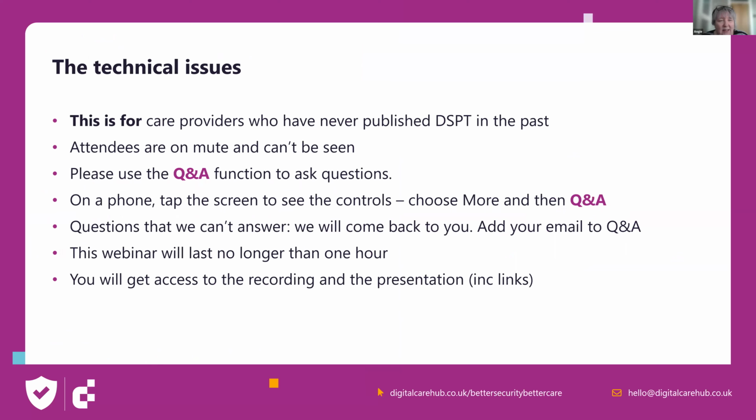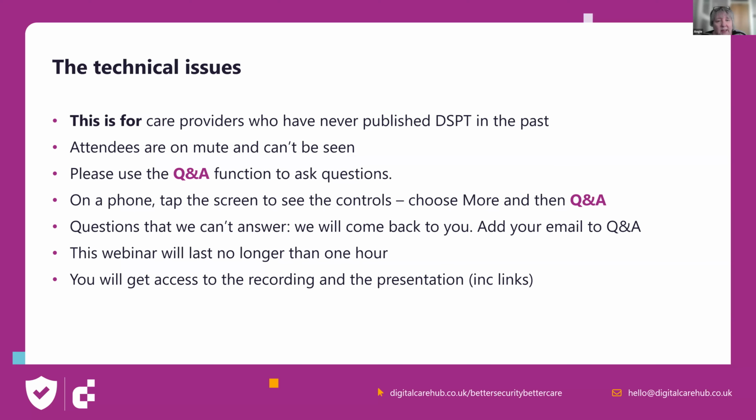Okay, so just some technical issues. This is for care providers who've never published the DSPT in the past. So it could be that you've never published it, but your organisation has. But either way, that's fine. Attendees are on mute and can't be seen. Please use the question and answer function to ask questions and not the chat.